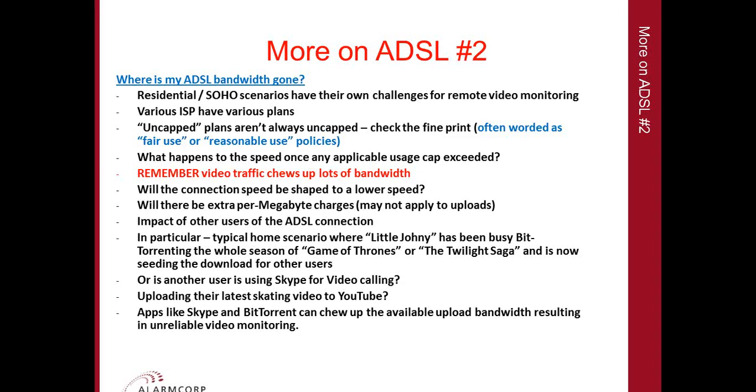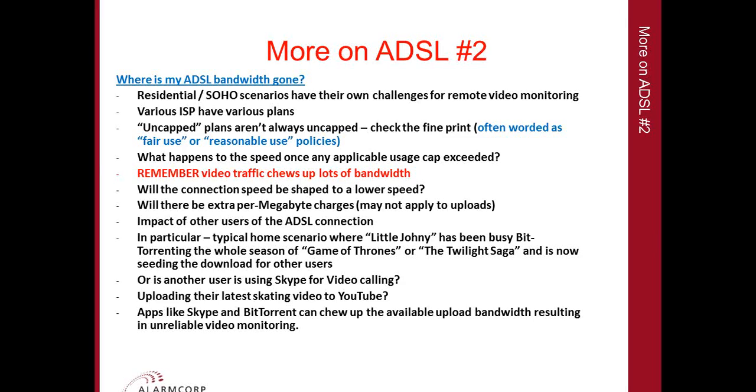In particular, in a typical home scenario, we may have little Johnny who's been busy BitTorrenting the latest season of Game of Thrones or the Twilight Saga, and they're now seeding the download for other users. And that can take up all or most of our available upload bandwidth. Likewise, is another user using Skype for video calling? Or is little Johnny uploading their latest skating video to YouTube?